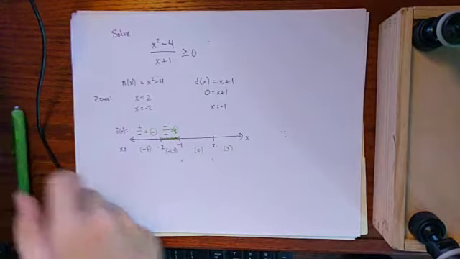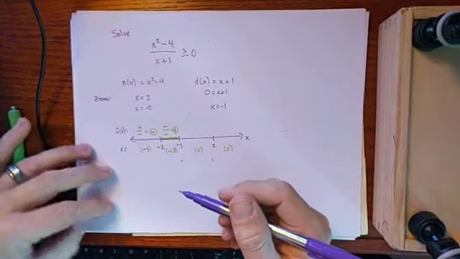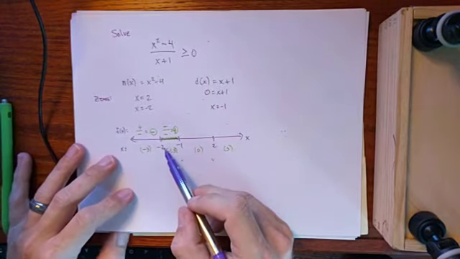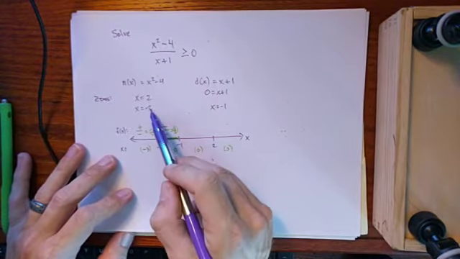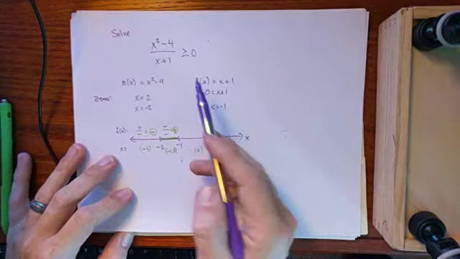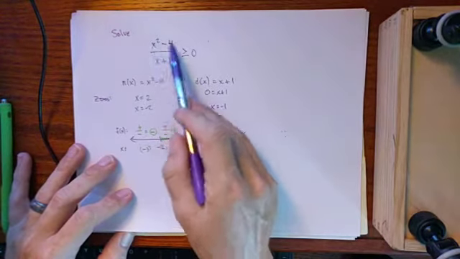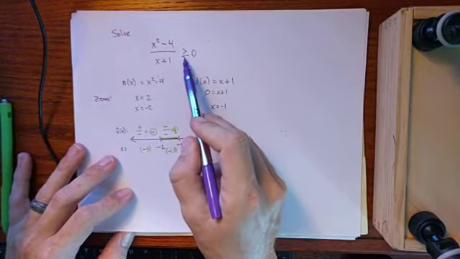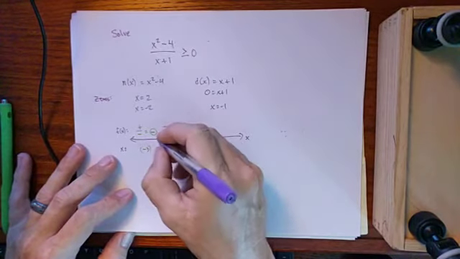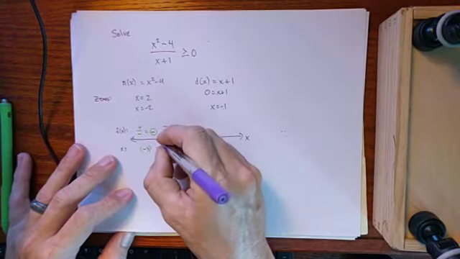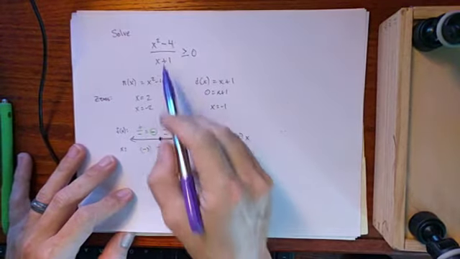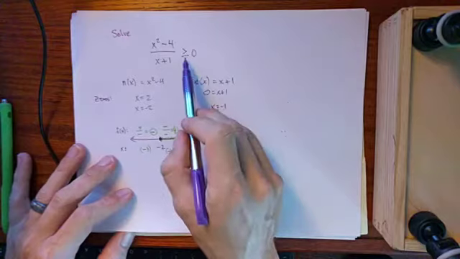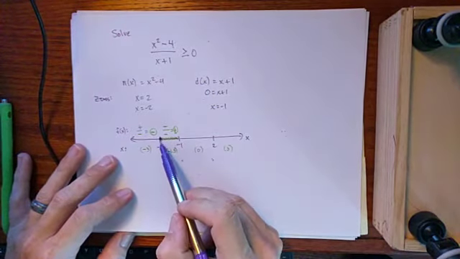Now, while I'm here, let me explain something very important. Remember how we said that the zeros of the numerator are x-intercepts? So x-intercepts are zeros of the entire function. So because this is able to be equal to 0, I'm going to color that in. In other words, if I put negative 2 in all the x's, this entire thing is going to equal 0, and that's okay.